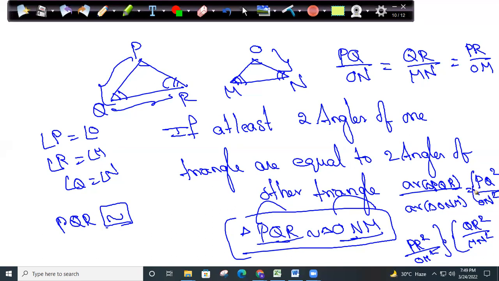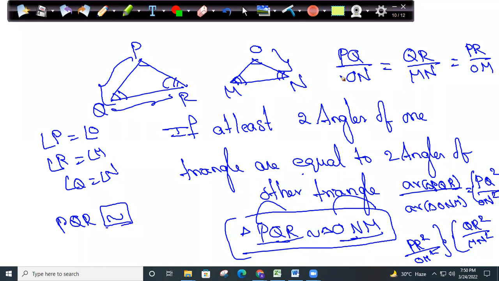So the ratio of the areas of the two similar triangles is equal to either this or this or this, the squares of their corresponding sides. Okay. If you have anything, you can let me know. If not, I'll try to give you a question. So similarity is dangerous. Similarity is not that easy.